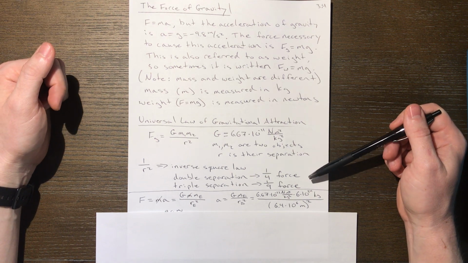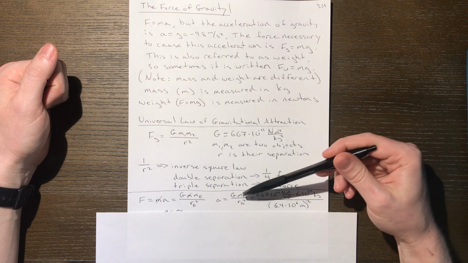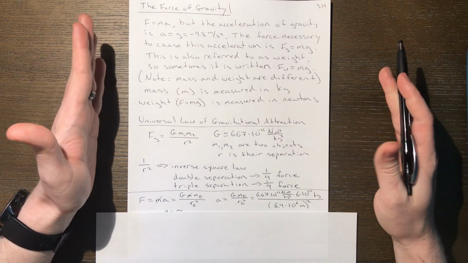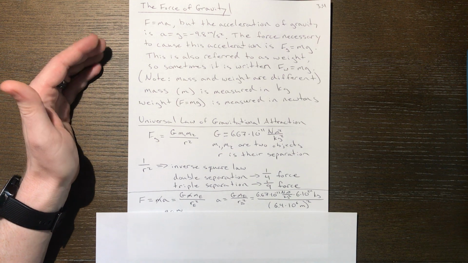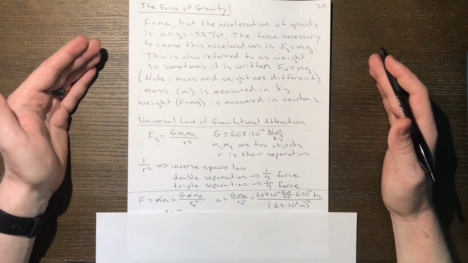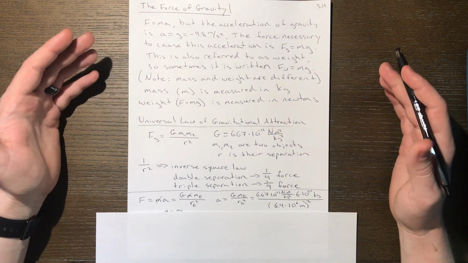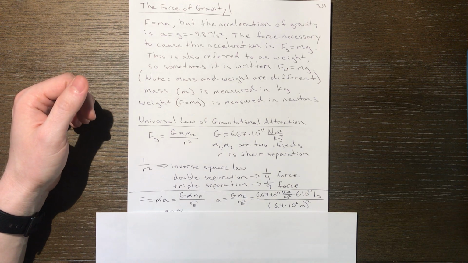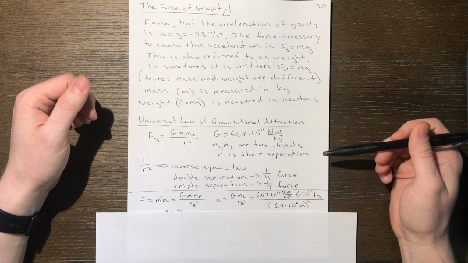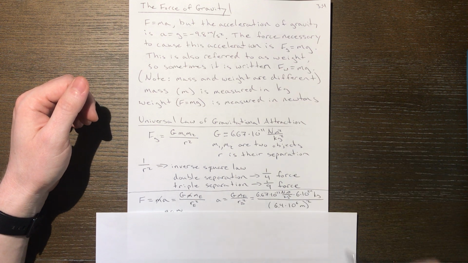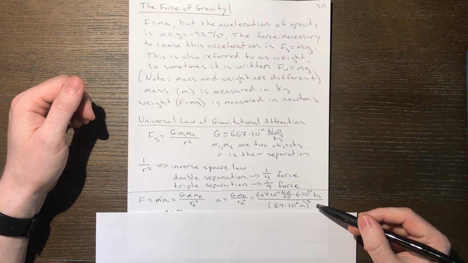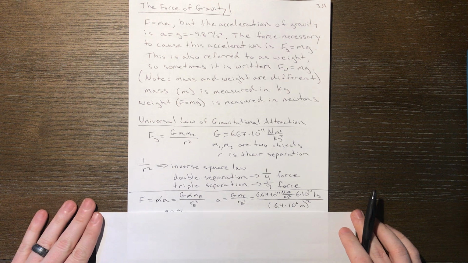And then we divide by the radius of the Earth squared, because the separation isn't just between where these two objects touch each other. It's really about the distance between their centers of mass. So the center of the Earth is what we're measuring to. The center of the Earth to the surface, where you are, is 6.4 times 10 to the 6 meters, and that whole thing gets squared, about 6.4 million meters.